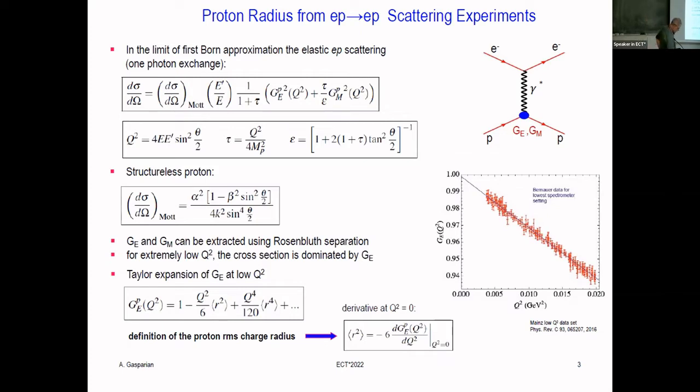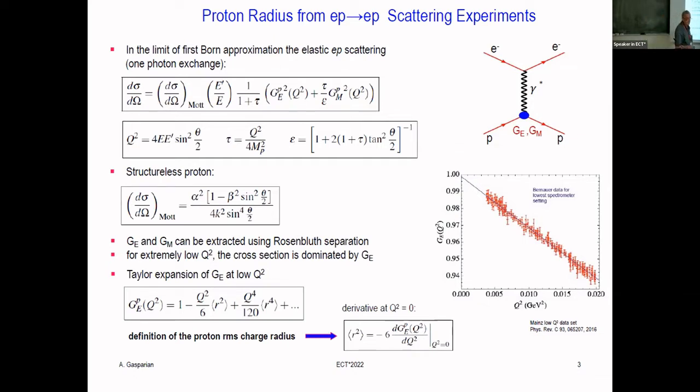Other than that, we can have two outcomes. This is not a measurable quantity, right? This is only a fittable quantity. We cannot measure it experimentally. We have to be careful when we know that. Therefore, we have to go as close to Q square 0 as possible, though Jan showed that it's difficult. Sure, it's difficult. We agree with that. But everything is difficult, right? All the easy things were done 100 years ago.